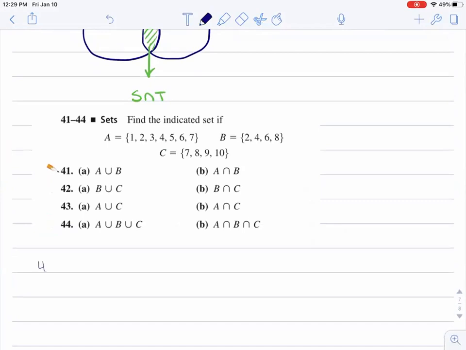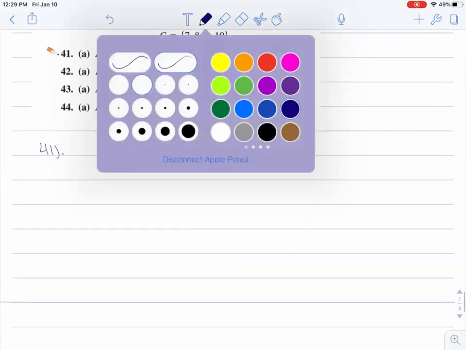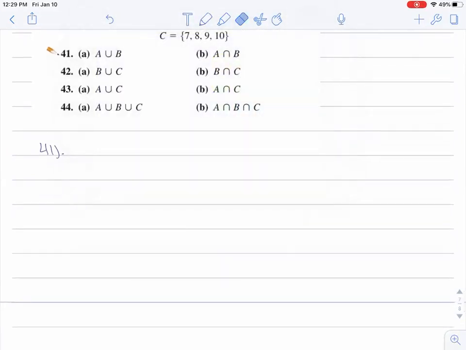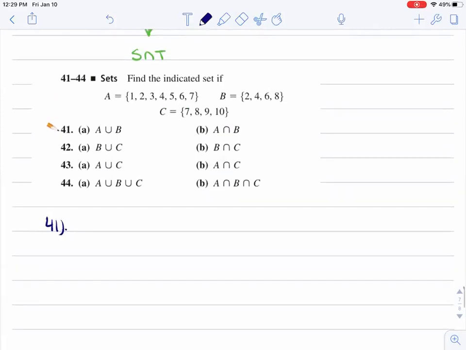We'll start with 41. So we're told what the sets are.